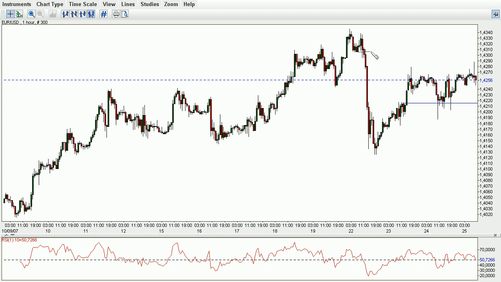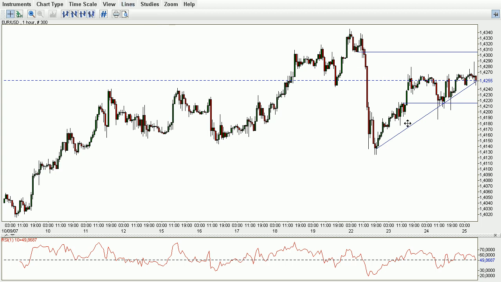But now let's concentrate. If the currency pair breaks above this resistance level here, then we might see a bullish continuation.